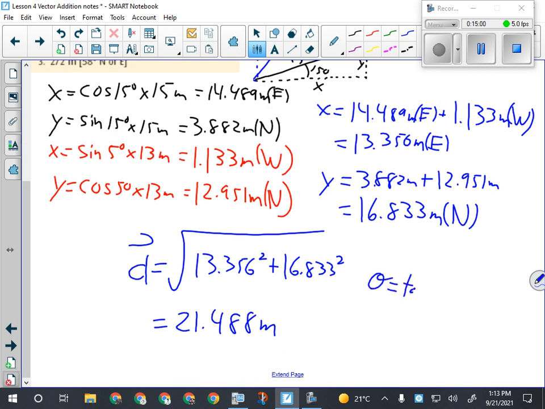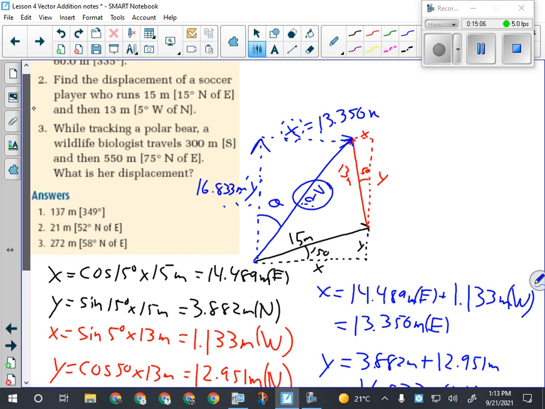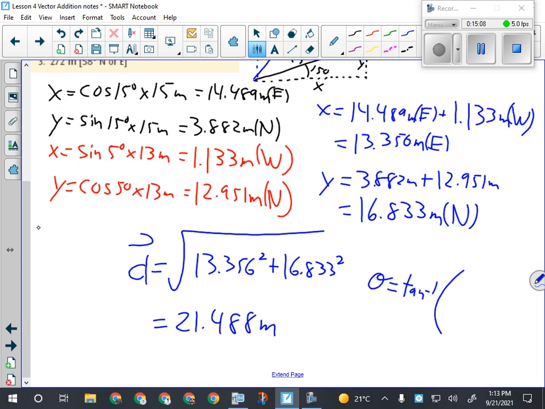Okay, so theta equals tan to the minus 1. For me, the way that triangle works, my opposite side is 13, my adjacent side is 16. So the 13 over 16, obviously I'm putting in all the decimals when I put this in my calculator.